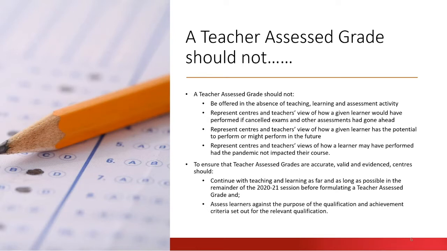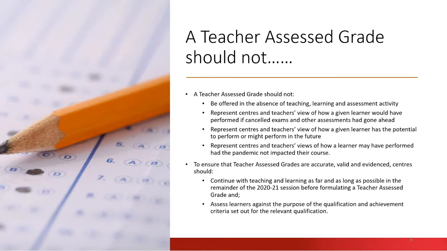It also means that we shouldn't be using the TAG process to give a view of how a learner has the potential to perform or might perform in the future. This is very much about providing our teacher assessed grades based on evidence of how students are performing and have performed over the course of this year. To make sure that the teacher assessed grades are accurate and valid, we need to continue with teaching and learning as far and as long as possible, so we're doing that.